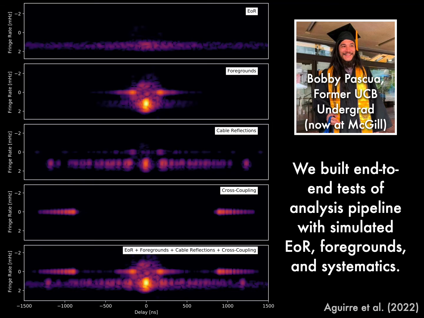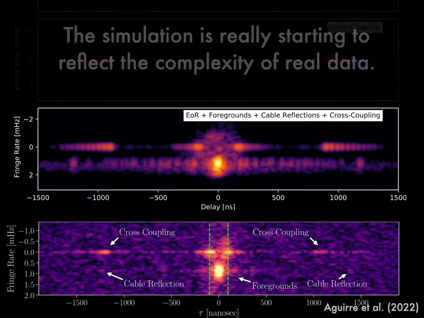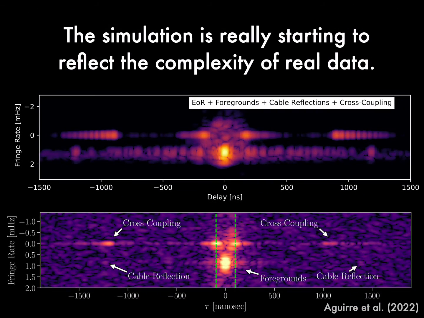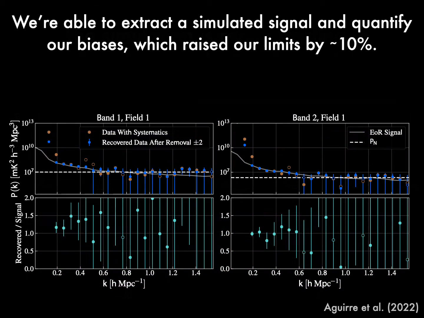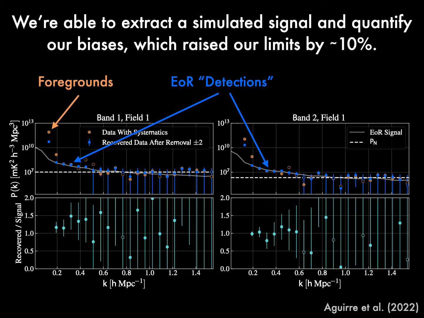And throwing that all together, we were able to build a model of the instrument that really looked quite faithful, that had the kinds of systematics that we were seeing. We put them in, we run it through our full analysis pipeline all the way to the power spectrum, and we see that we are recovering the power spectrum that we put in quite nicely. So we can see a clear separation between the low k modes that are foreground dominated, the middle k modes that are EOR quote-unquote detections, and the modes that appear to be noise dominated.